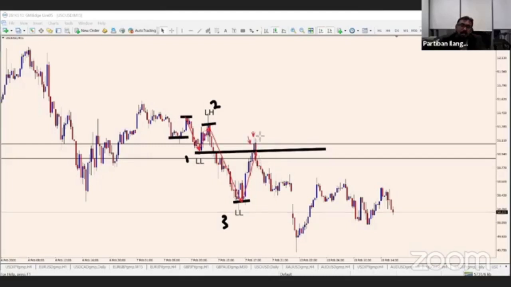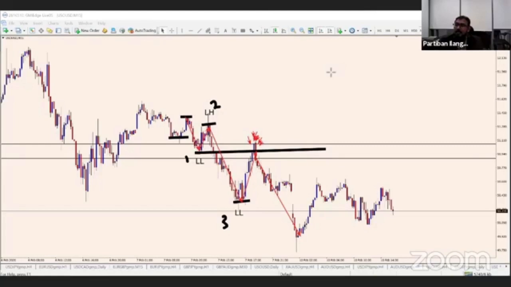So this is the area where you can go short and price drops. I'm sharing the exact trade that he took, and he took advantage of that. So this is the exact area where he took a trade.